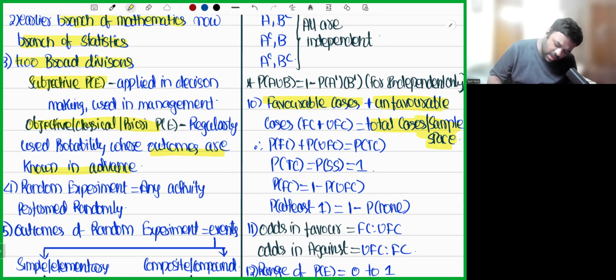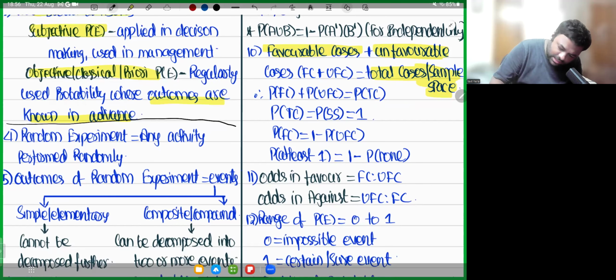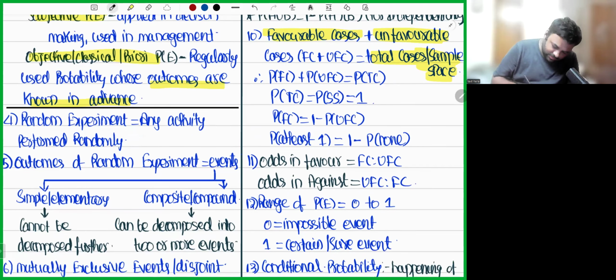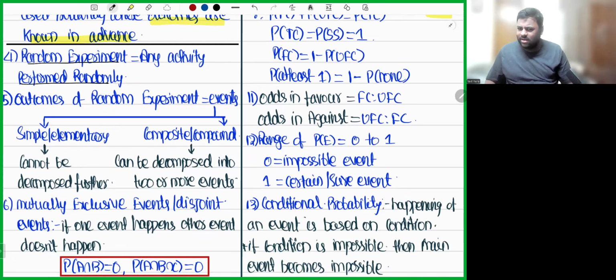Next, what is a random experiment? From now onwards, my dear friends, definitions will start. Let's look into the definitions. Random experiment. Any activity performed randomly is called a random experiment. You are tossing a coin. Randomly, you are performing. It's a random experiment.